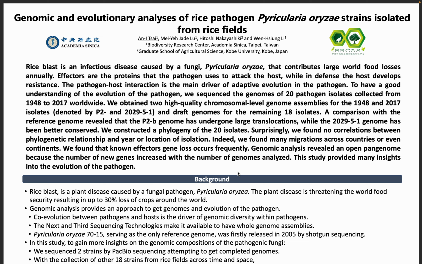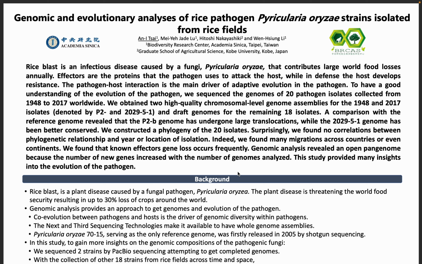So, to approach the aim of Pyricularia oryzae evolution, we have to obtain as many genomes as possible, and the advancement of next and third generation sequencing technologies makes it possible to have whole genome assemblies.